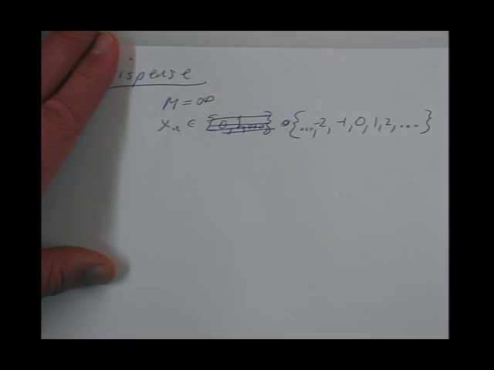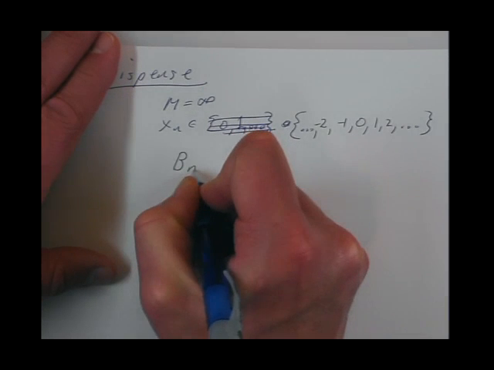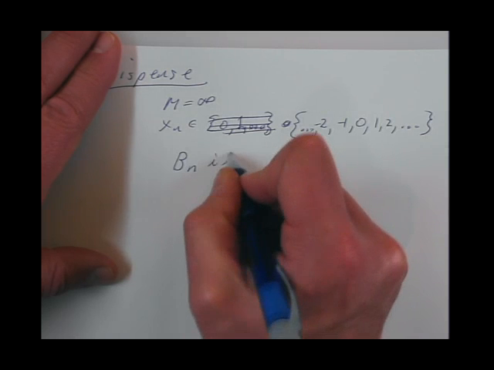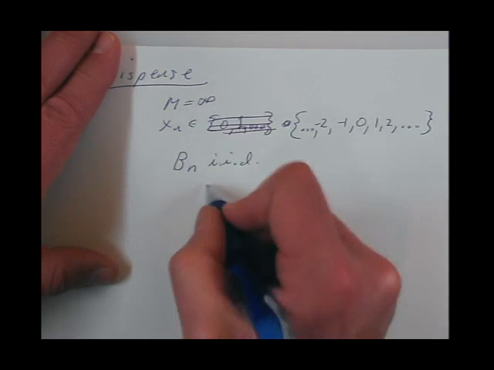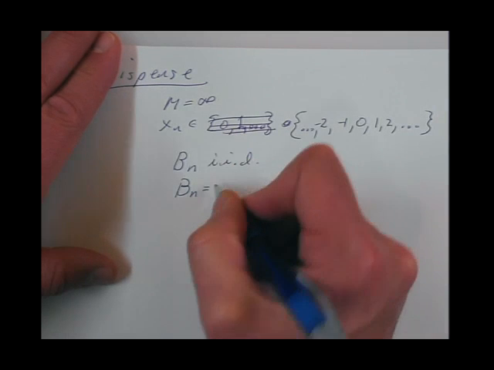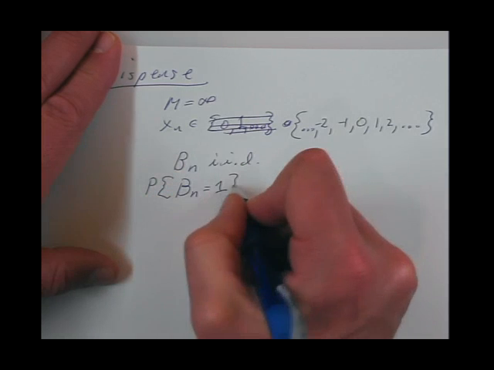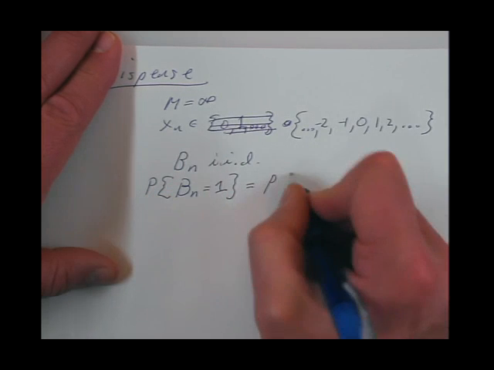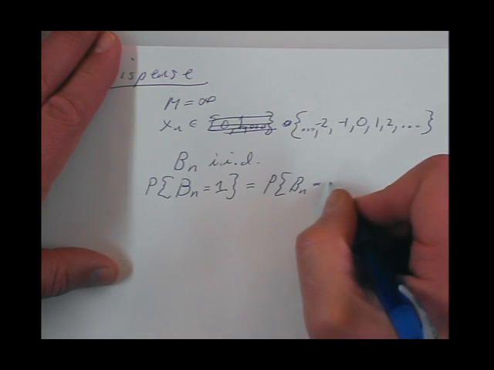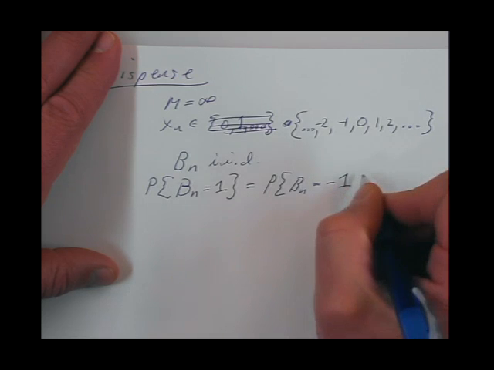Now what you do is you say, okay, so B sub n, these are independent and identically distributed, with the probability that B sub n equals 1 equal to the probability that B sub n is equal to minus 1.